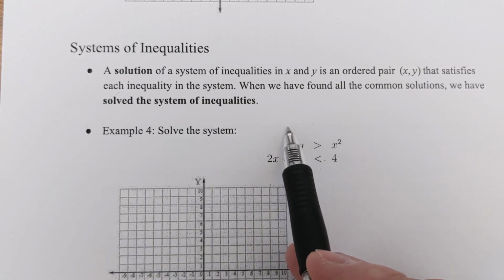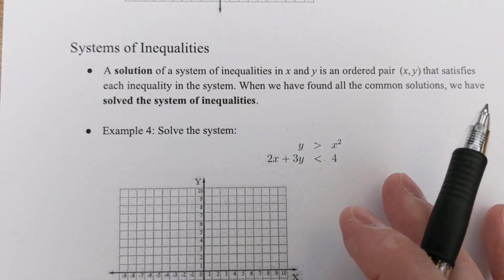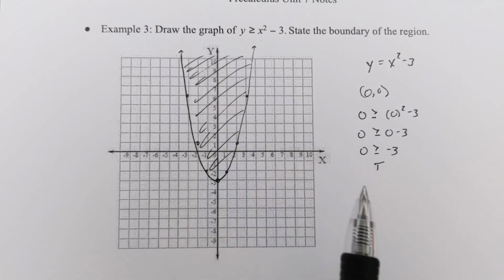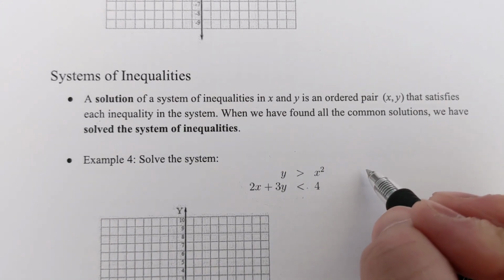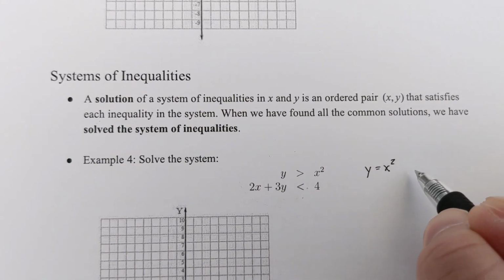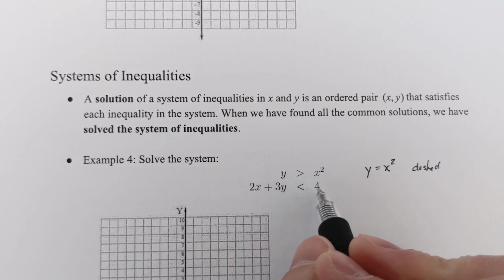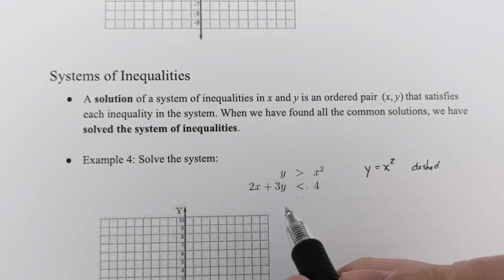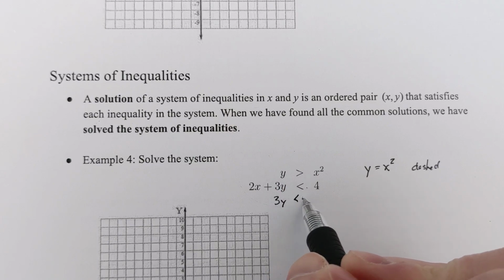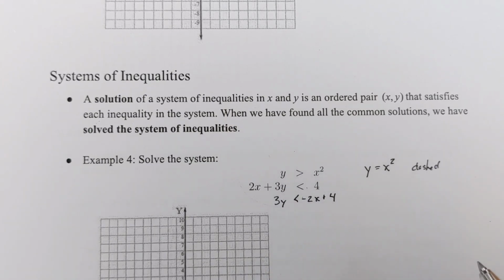So we're going to graph both equations separately. The solution area is where the shaded areas overlap. So for example, I need to graph y equals x squared with a dashed line, because it does not have an or equal to bar. Now I'm going to rearrange this to make it a little bit easier to see, because it is a line.